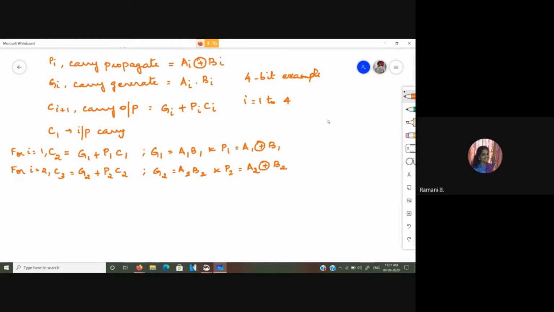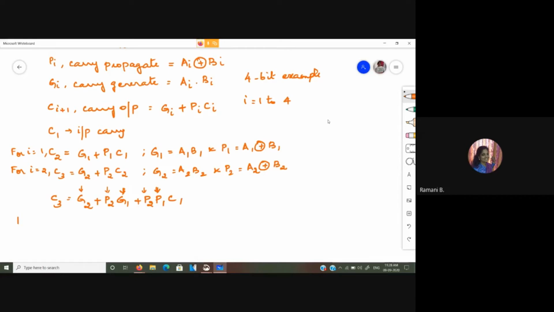So we substitute the expression for C2 and get G2 plus P2 G1 plus P2 P1 C1. Now all these are immediately available, because G2 depends on A2 B2, P2 also depends on A2 B2, and G1 and P1 depend on A1 and B1. All these are directly available inputs at the immediate instant.